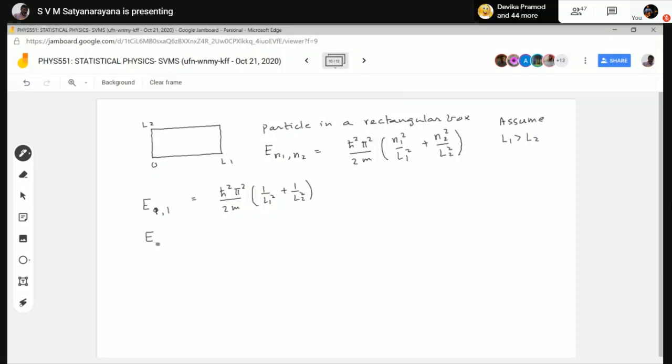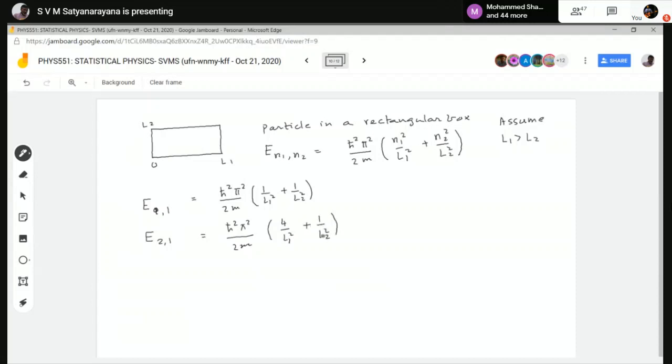Since L1 is a larger value, E(2,1) is equal to h bar squared pi squared by twice m into 4 divided by L1 squared plus 1 divided by L2 squared.